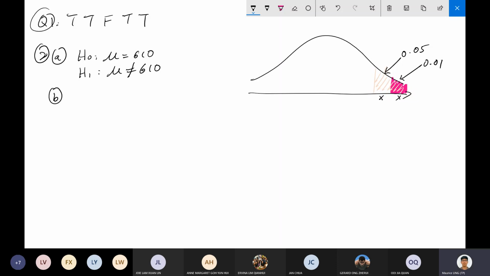So let's look at B. A course manager suspects that the average age of year 1 student is 16.3 years old. Is he correct? So the null hypothesis is the average is 16.3 years old. Alternate? One tail or two tail? Two tail, right?